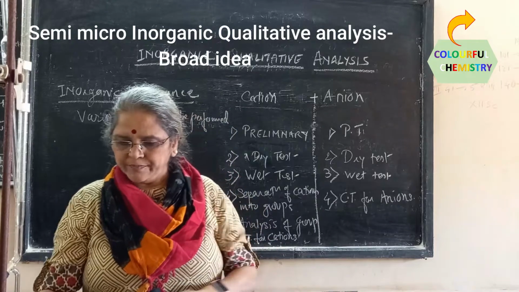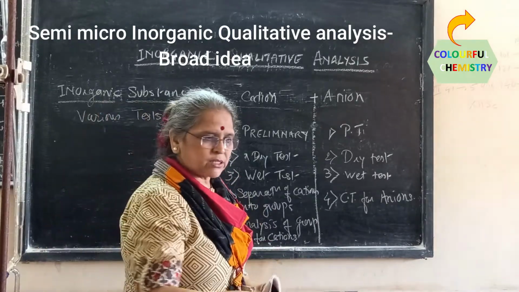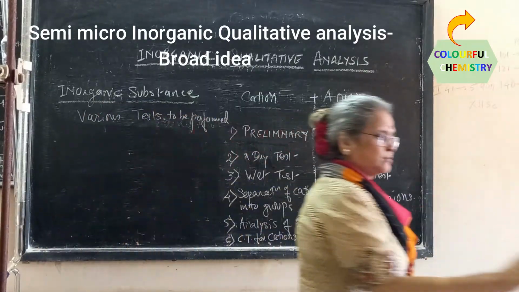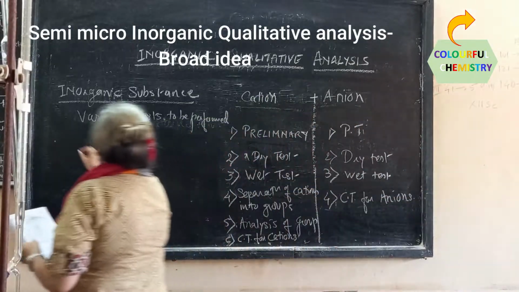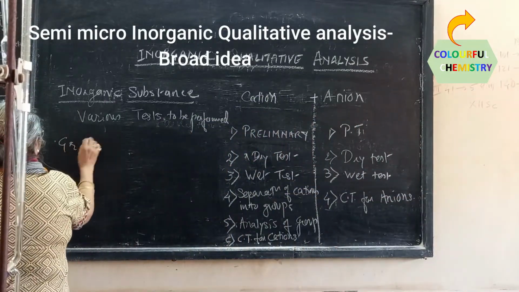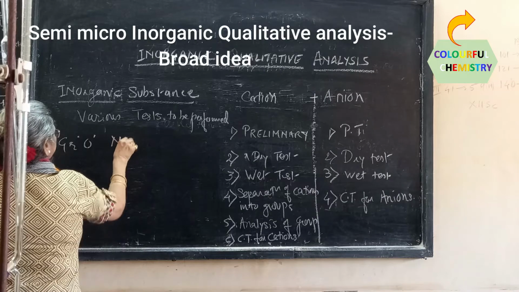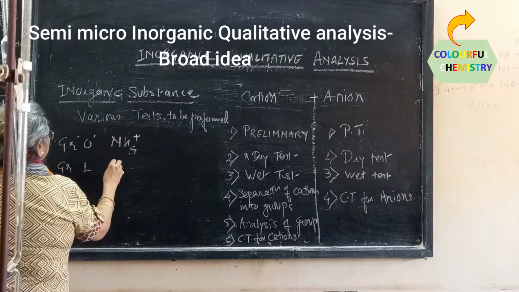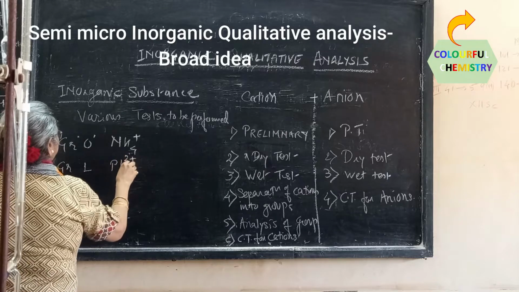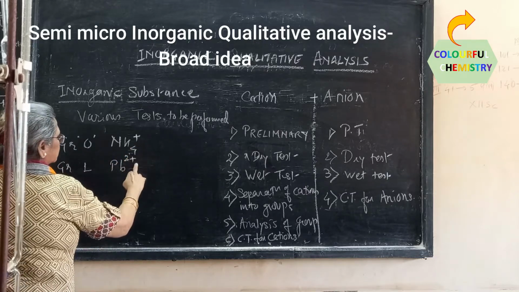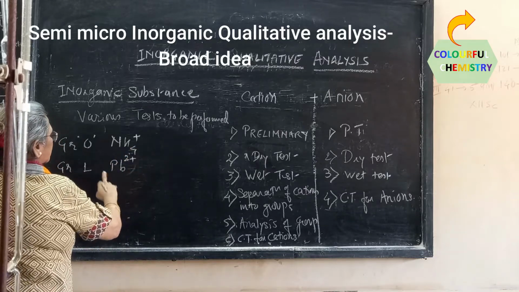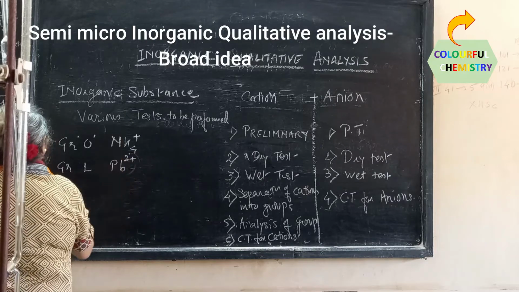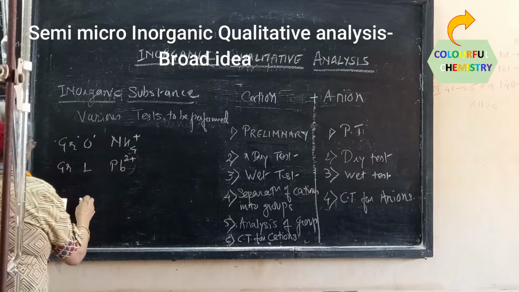So group 1 is the lead salt. I will just write this. Group 0 is the ammonium ion. Group 1 is lead salts, bivalent ion. Writing the valency, charge or oxidation number of the cation and anion is very important.